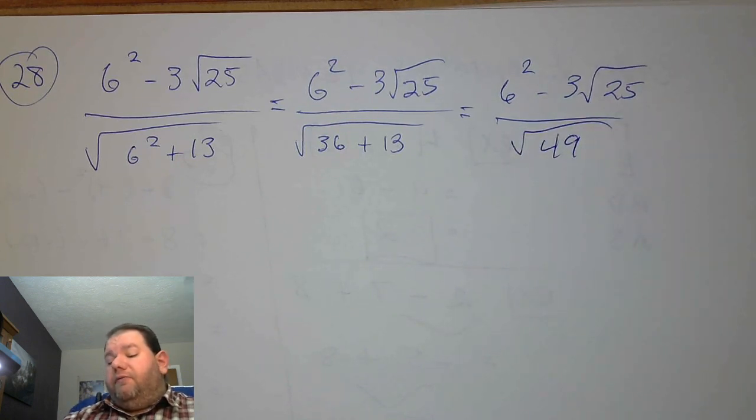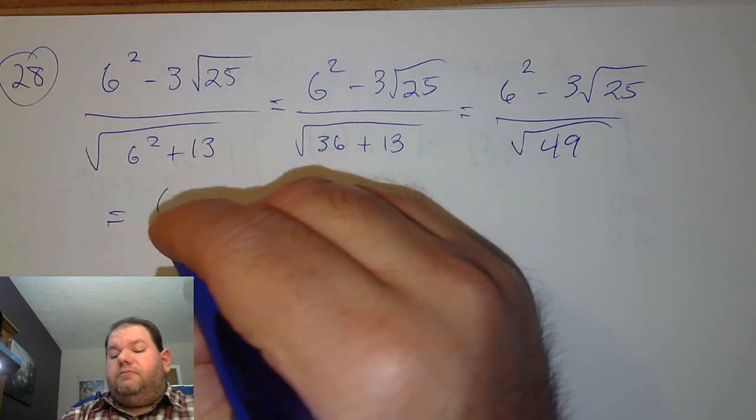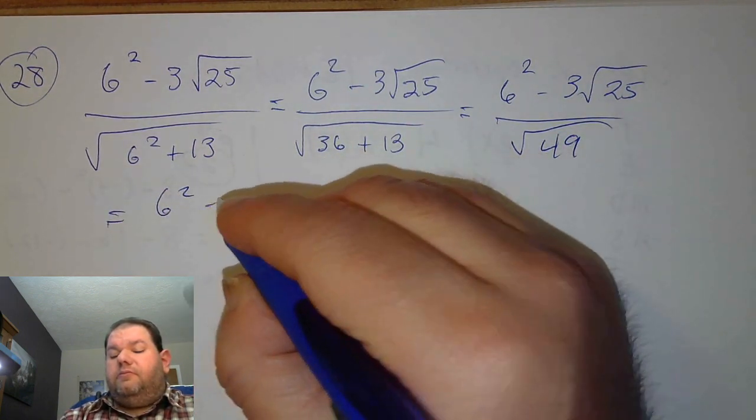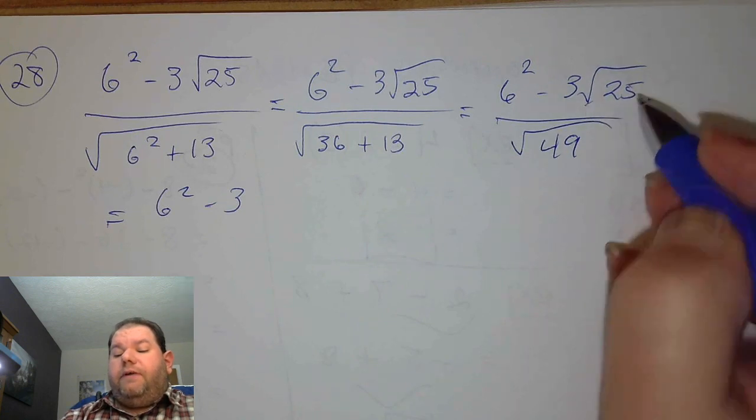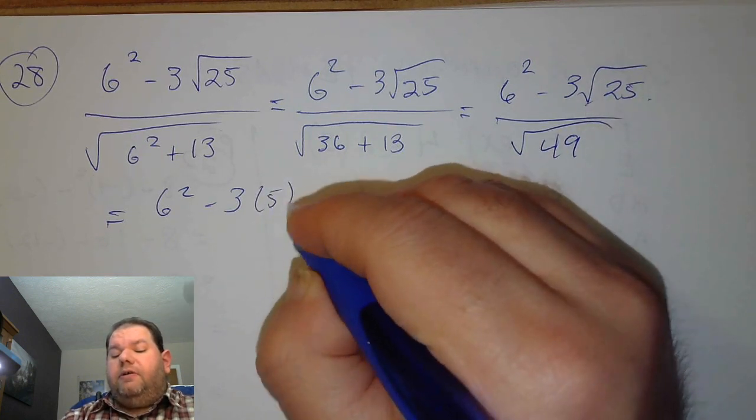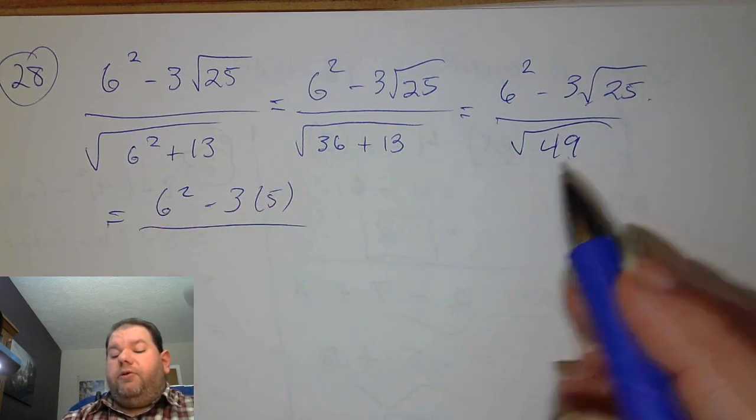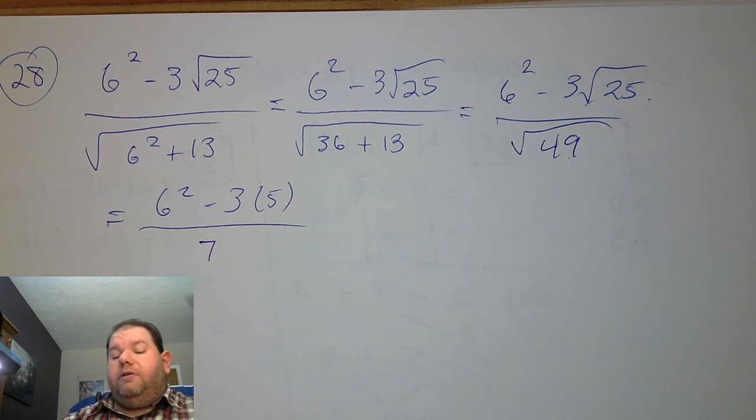And then after this, we can go ahead and complete our square roots. Square root of 25 is 5. Square root of 49 is 7.